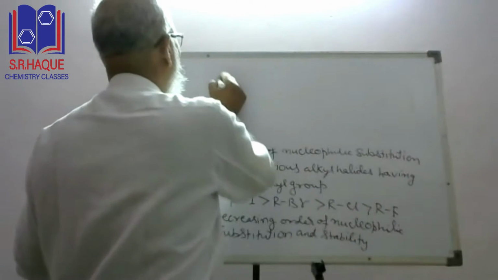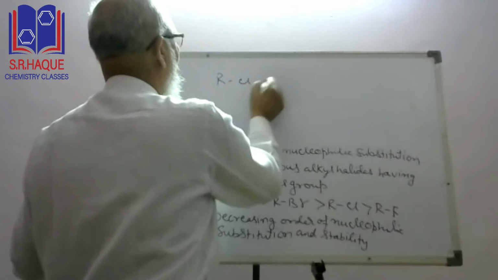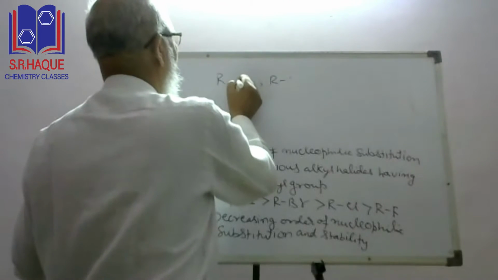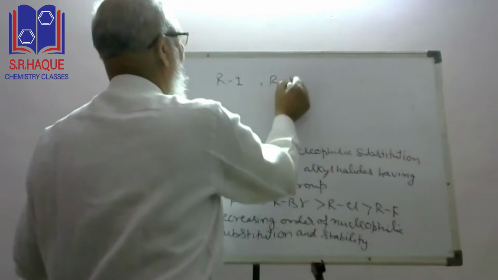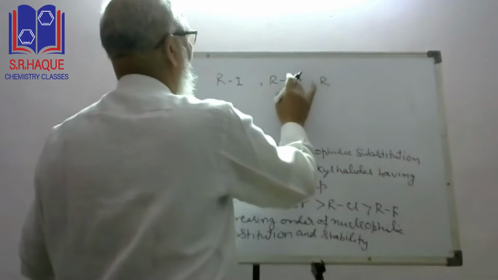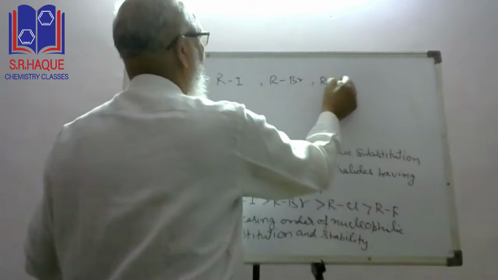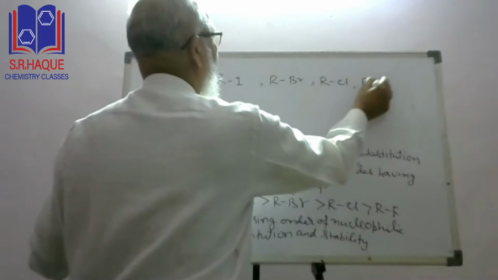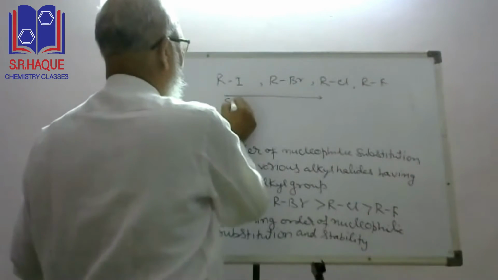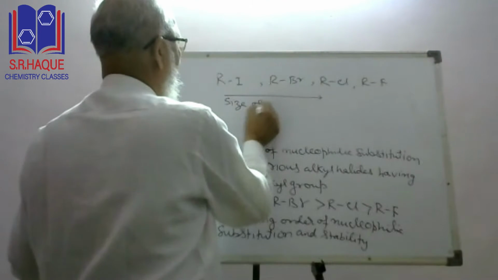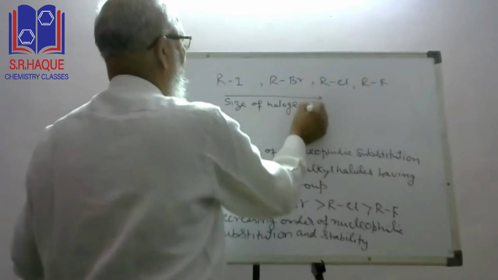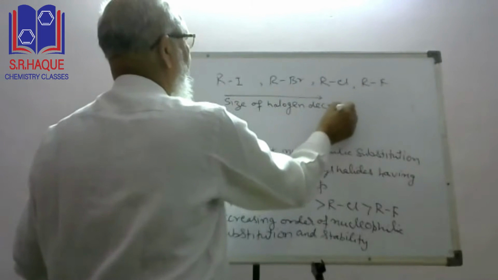Therefore, among RI, RBr, RCl and RF, the size of halogen decreases.